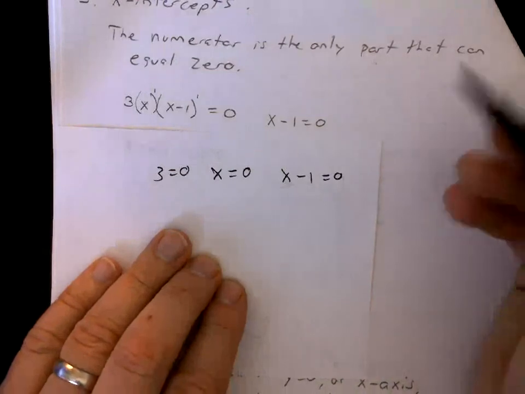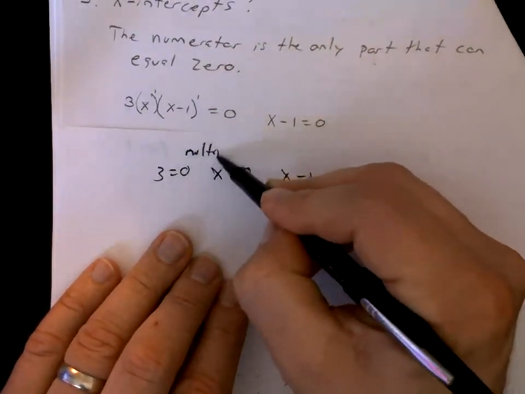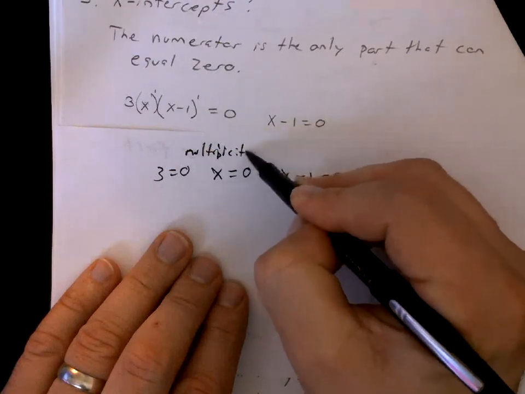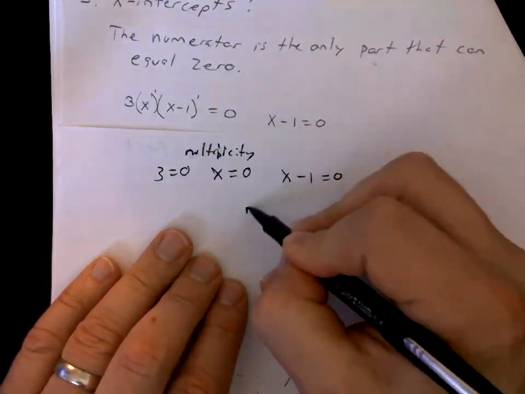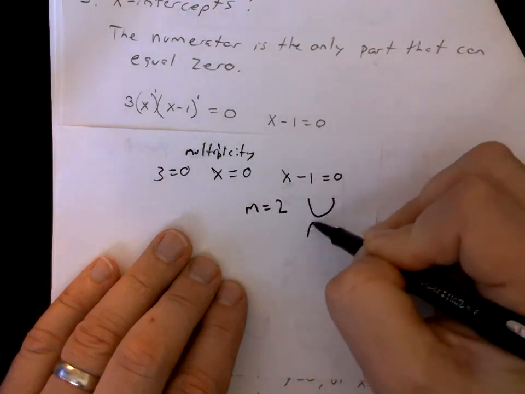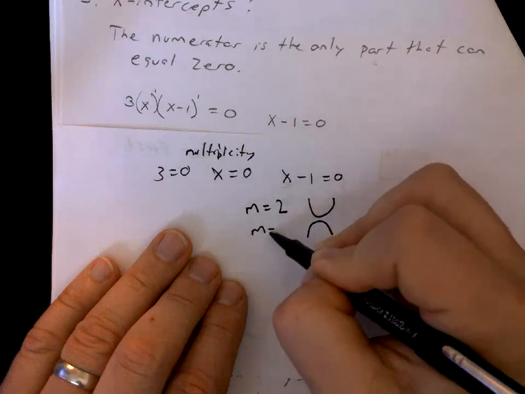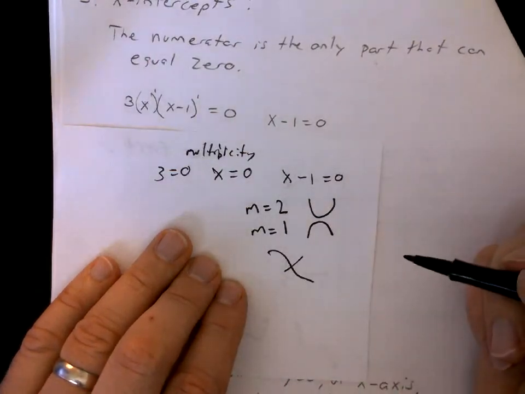And I want you to be very careful. These all have multiplicity. Remember, multiplicity is saying how your graph crosses. If it's a multiplicity of 2, it's going to touch, or what we call bounce off. If it's a multiplicity that's odd, it's going to go through.